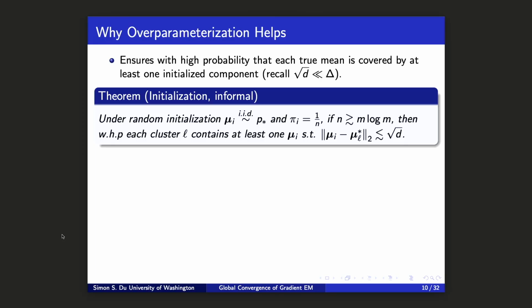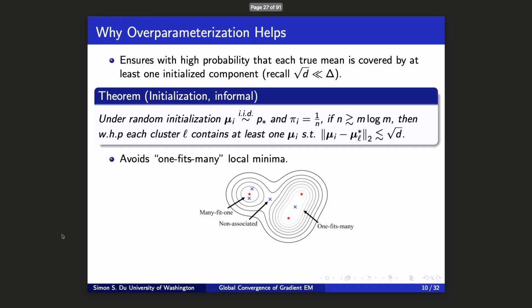Under random initialization, just by the coupon collector idea, you can show that for each cluster L, remember we have in total m clusters, there is at least one mu i sampled from the initialization distribution such that the norm of mu i minus mu L star, the ground truth mean, is smaller than square root of d.